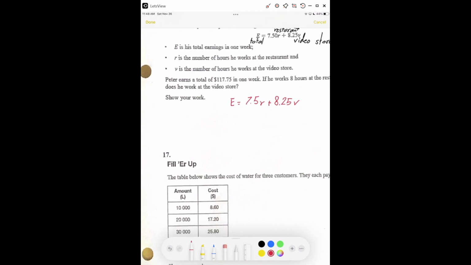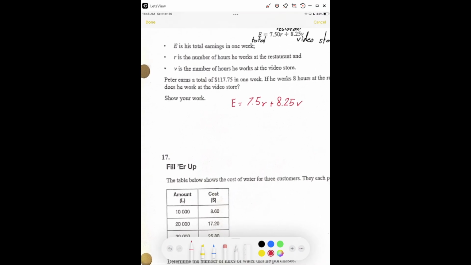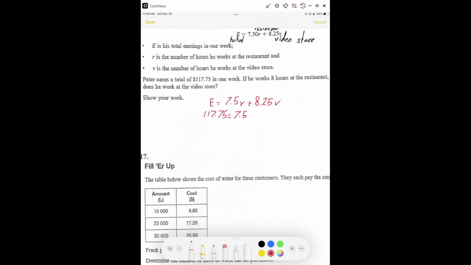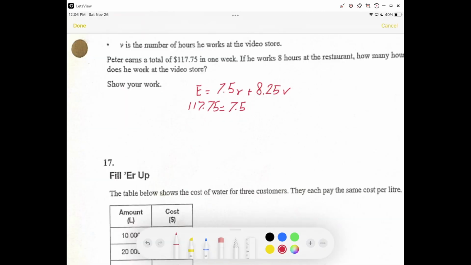First of all, we know that the total earning is 117.75, so let's replace our E with that. 117.75 is equal to 7.5. We also know that the amount of hours he works in the restaurant is 8, so let's replace our R with 8. So multiply by 8.